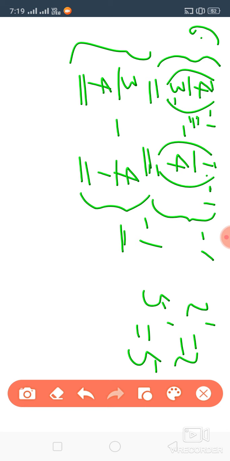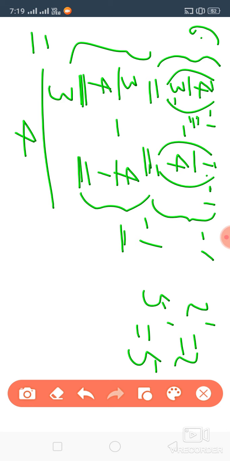Okay. Now (3/4 minus 4/1) whole to the power minus 1. So we have to take the LCM of 4 and 1. It will become 4 only. This is the matter of class 5 only. So it will become, how much? 4 ones are 4, 1 into 3.